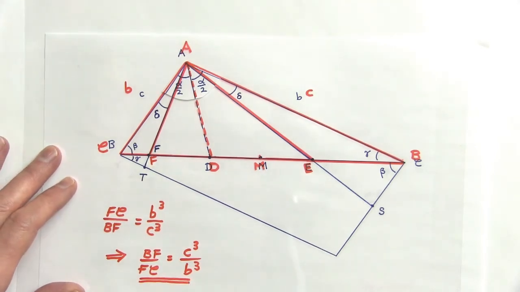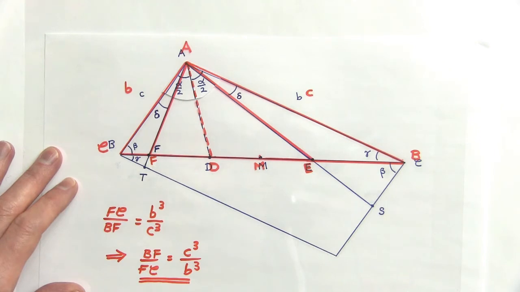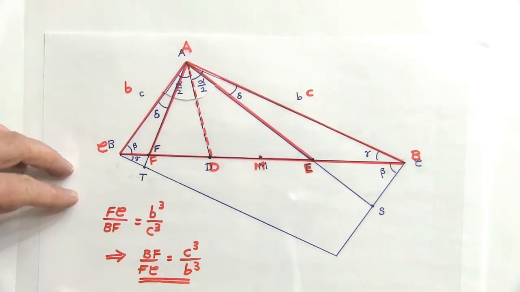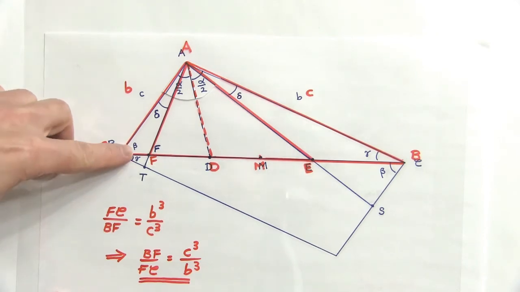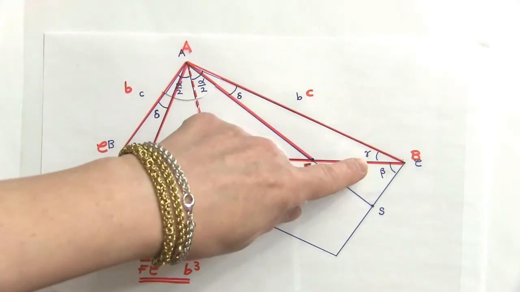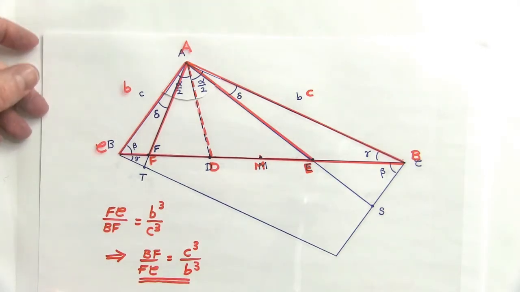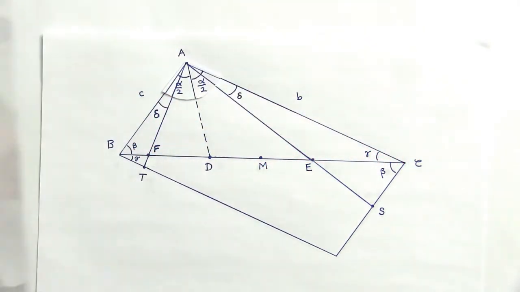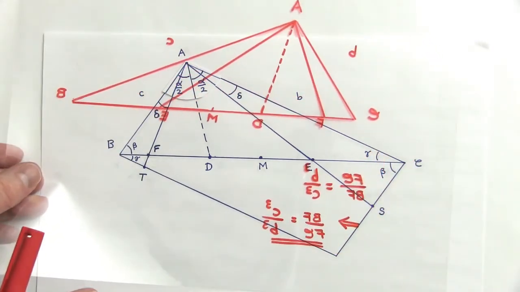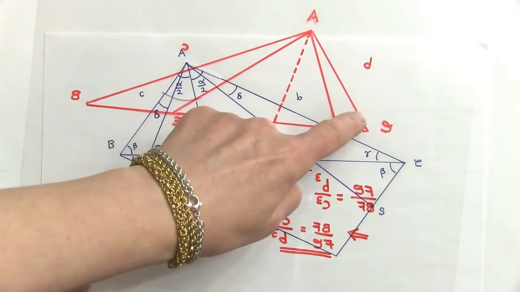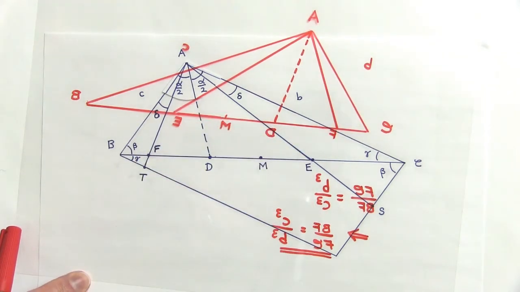So this result is still true. And it didn't matter if I made the angle on the vertex C the larger one, and the angle on the vertex B the smaller one. Or if you like, it didn't matter if I put the smaller angle on the left and the larger angle on the right.